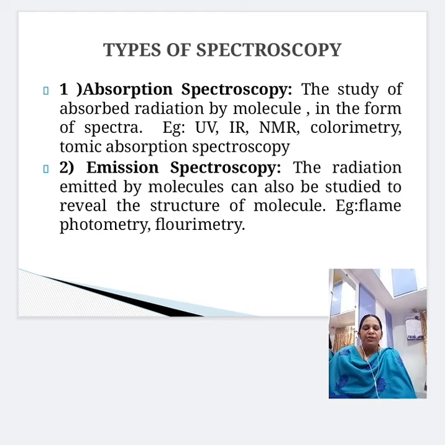Now you have to collect that emitted radiation, separate it by refraction or diffraction, and measure the intensity at each frequency. Then you get a set of emission lines, which are bright lines over a dark background on photographic negatives. In that way, you can identify the unknown material in the sample.